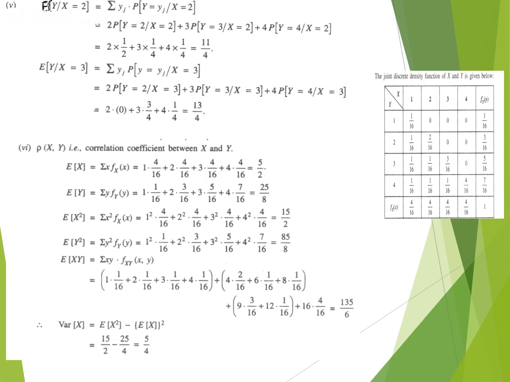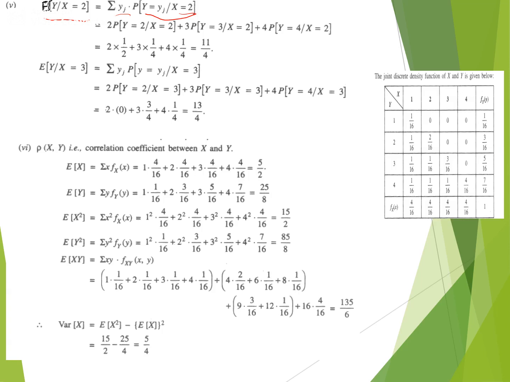Now we find the expectation of y given x equal to 2. So the formula of expectation is summation yj into probability y equal to yj given that x equal to x2.